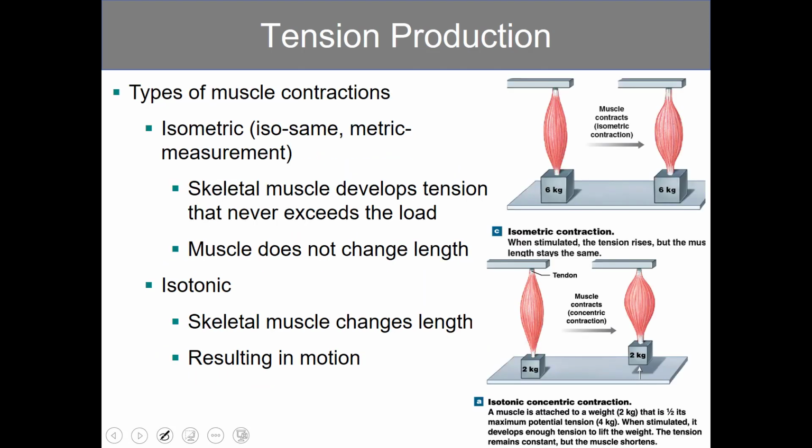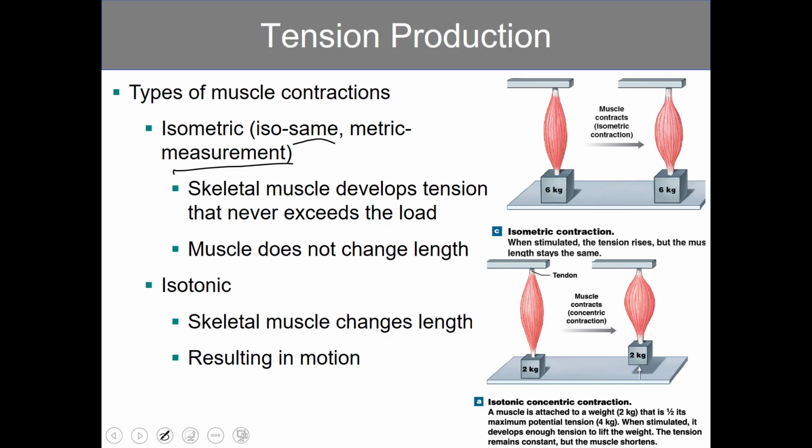There are two types of muscle contractions, isometric and isotonic. Isometric, if we were to take that word, iso means same, metric refers to measurement. This is a muscle contraction that does not change the measurement of the muscle or the length of the muscle.